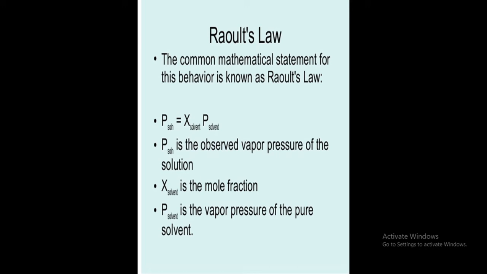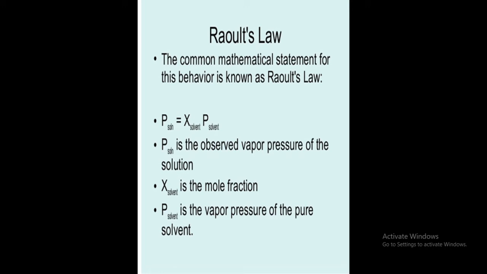Now state Raoult's law. Raoult's law states that at a given temperature, the partial pressure of a component of a solution in the vapor phase is equal to the product of the mole fraction of the component in the liquid phase and the vapor pressure of the component in the pure state.